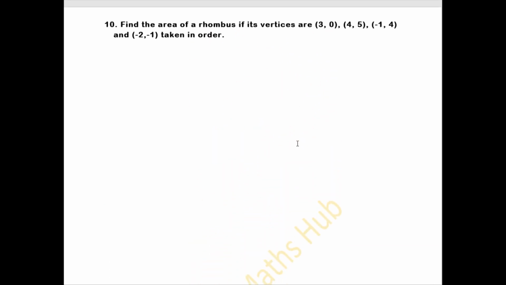Now we should find out the area of rhombus. So already the hint is given, that is area of rhombus equals half into product of diagonals.